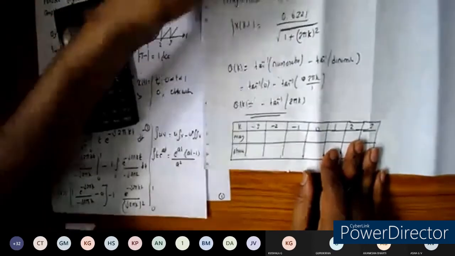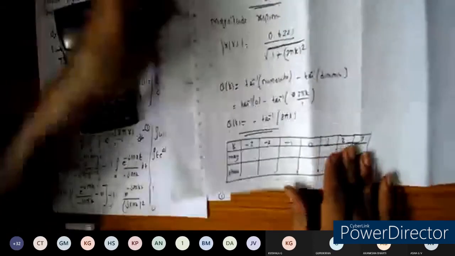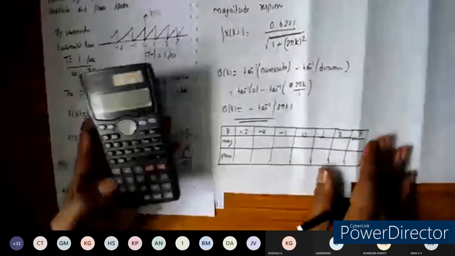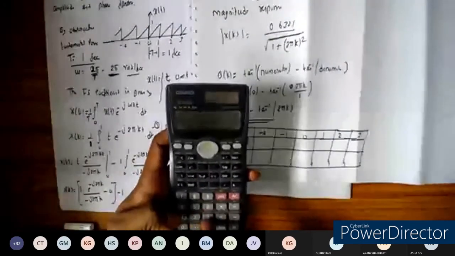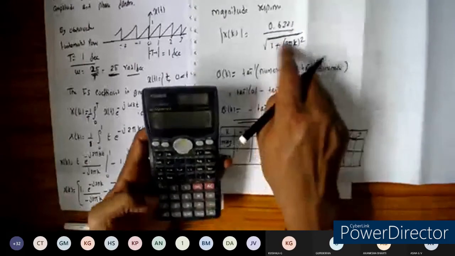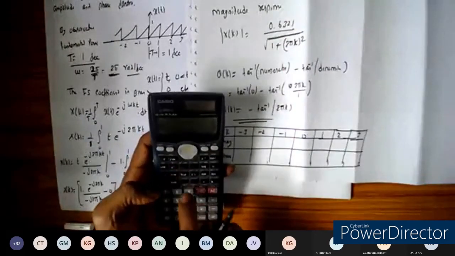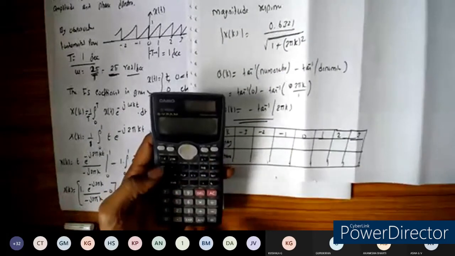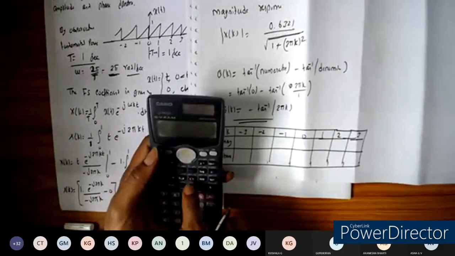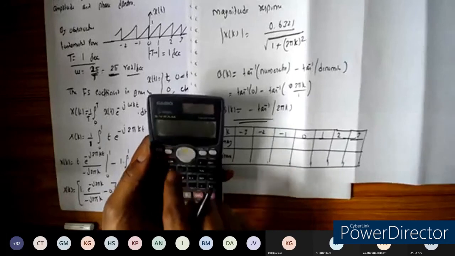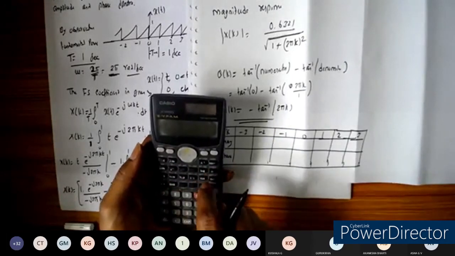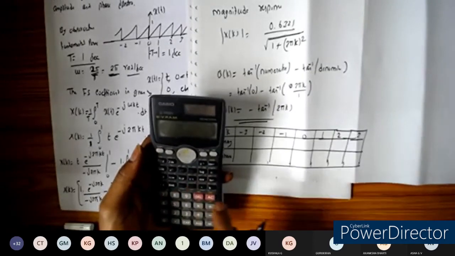Okay, so for the magnitude, you can type this formula in the calculator: 0.6321 divided by the magnitude of the denominator, the square root of 1 plus 2 pi k, the whole square. So take your calculator, everyone. Type 0.6321 divided by the square root, using shift pi for 2 pi and alpha a in place of k, and take the square.